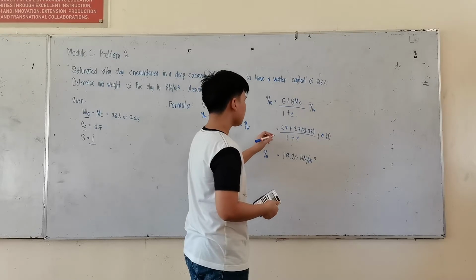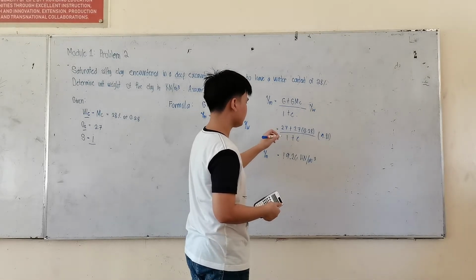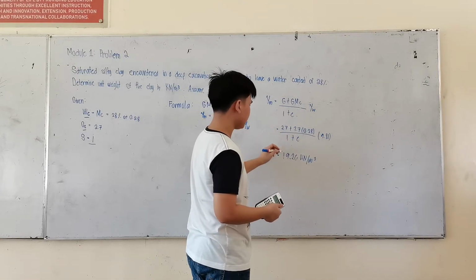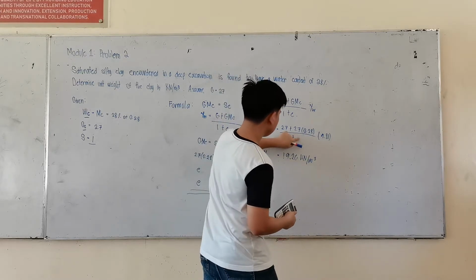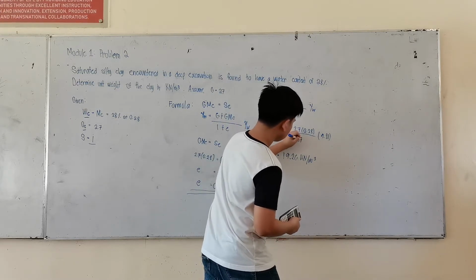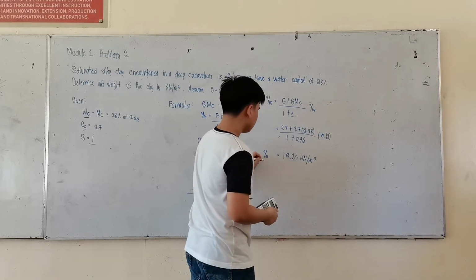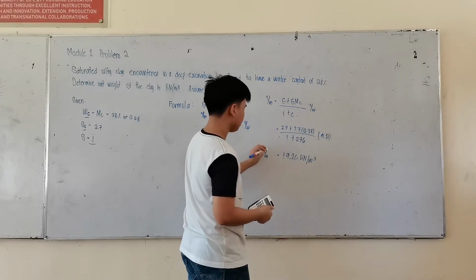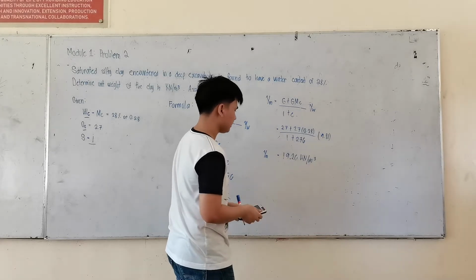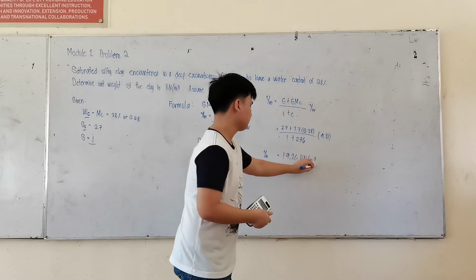Substituting the values, makakuha natin agad yung ating moist unit weight, which is 19.26 kN per meter cube.